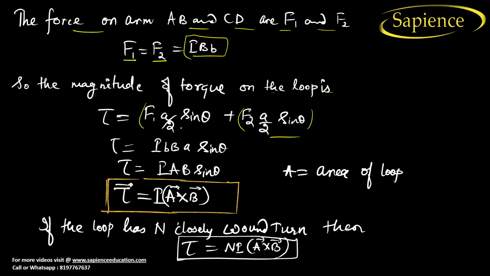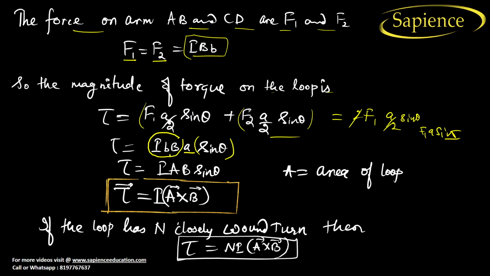Now, finally, you will find that F1 is equal to F2. Since F1 is equal to F2, F1 is common, a by 2 is common, sine theta is common. So this will be multiplied by 2 to get cancelled. So F1 a sine theta. F1 has a value I B b, into a into sine theta.